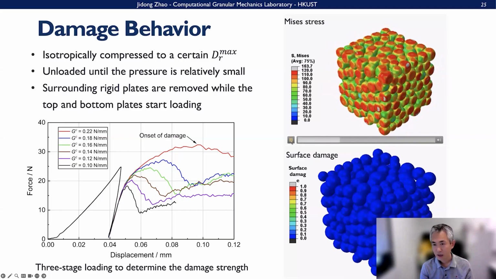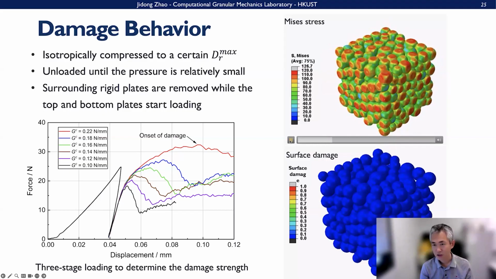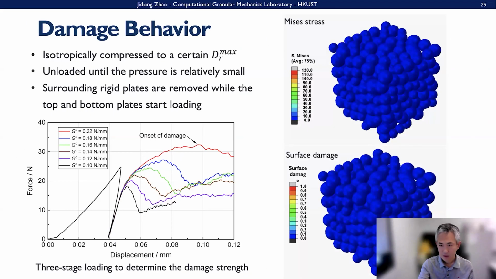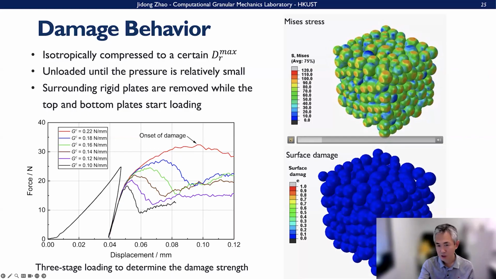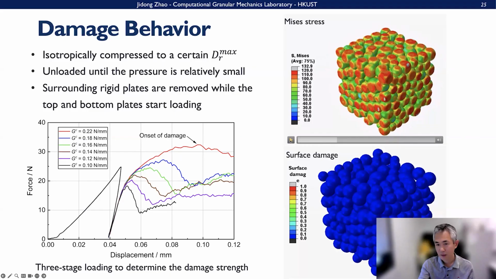On the top, at the beginning here, we do isotropic compression, continue isotropic compression, and then we do isotropic unloading.